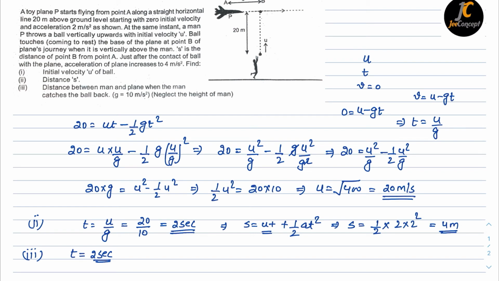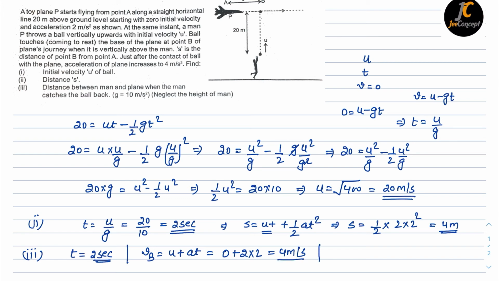To get that, first we will calculate the velocity of the plane at point B. So velocity at point B is going to be u plus at. The initial velocity was 0, the acceleration was 2 and the time was 2, so that means 4 meter per second. So this was the velocity at point B.